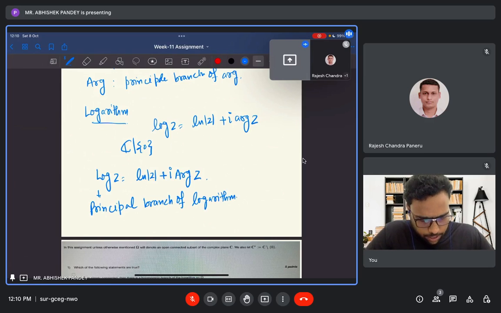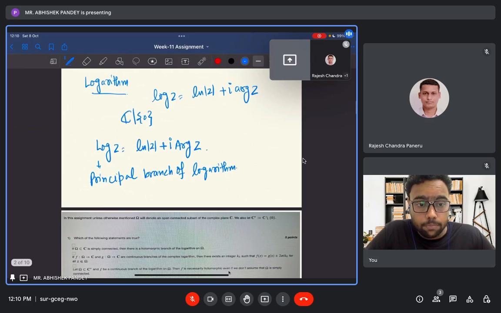And you can see that any branch of logarithm will have a discontinuity line passing through the origin, making some angle theta with the positive real axis.